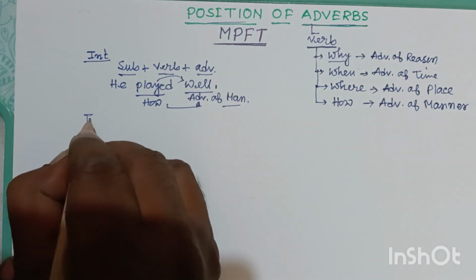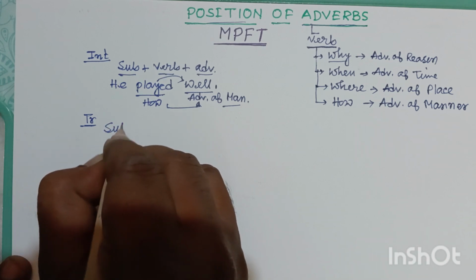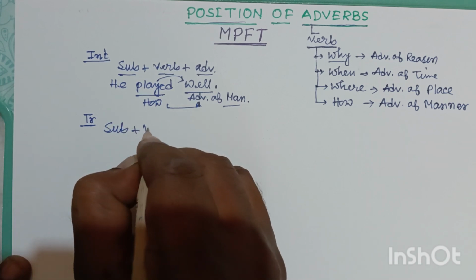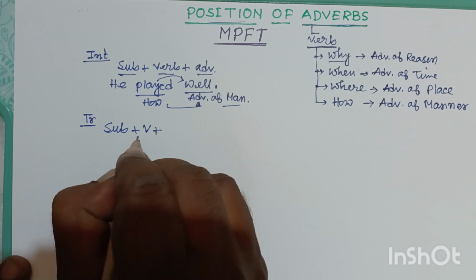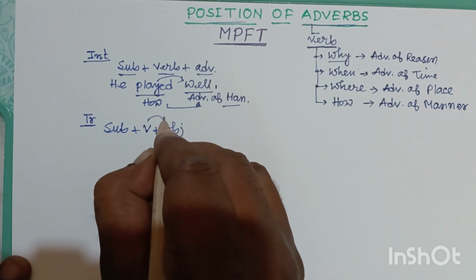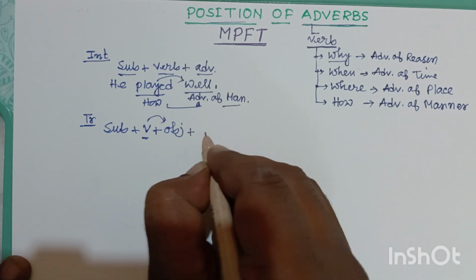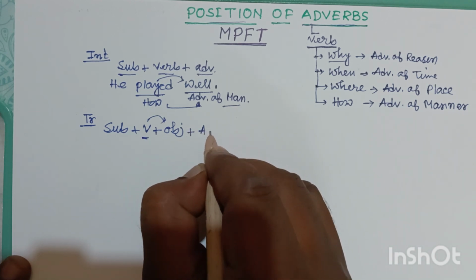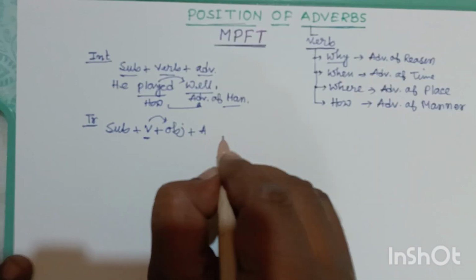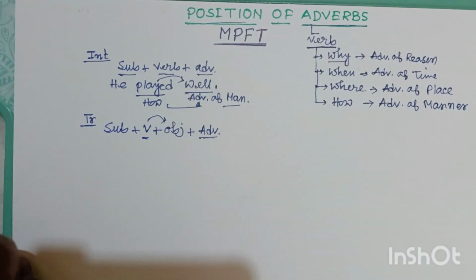If the verb is transitive, at that time we have to write down subject, then the transitive verb, and obviously there will be the object. So we have to place the object after this transitive verb, and then we can write down the adverb, or you can call it the extension of the sentence.